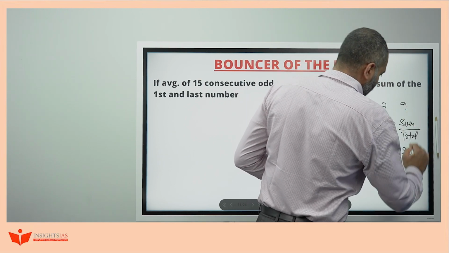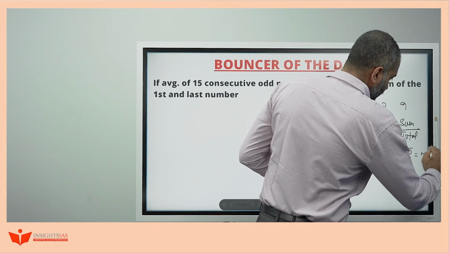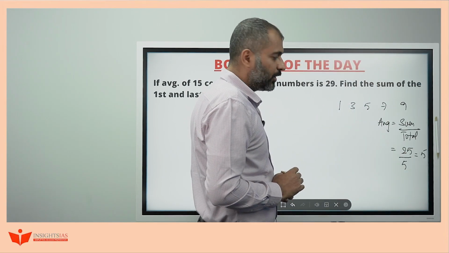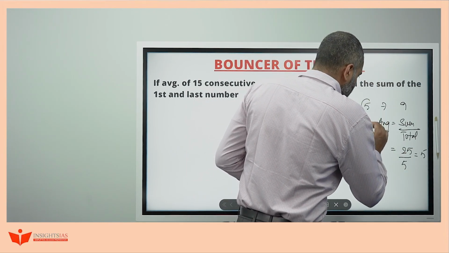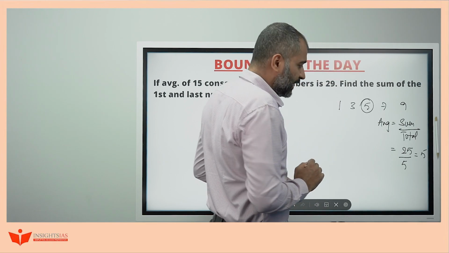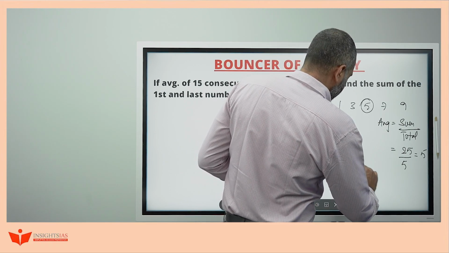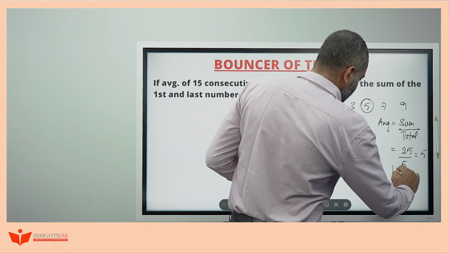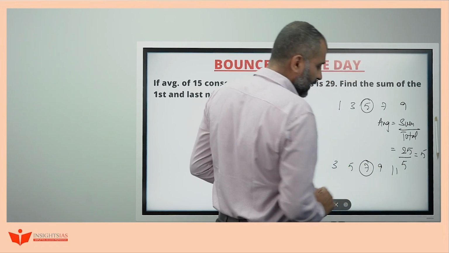How many observations are there? 1, 2, 3, 4, 5. So, 5. So, the average is 5 here. Do we have 5? Yes, we have 5. Similarly, 3, 5, 7, 9, 11. The average is nothing but 7.